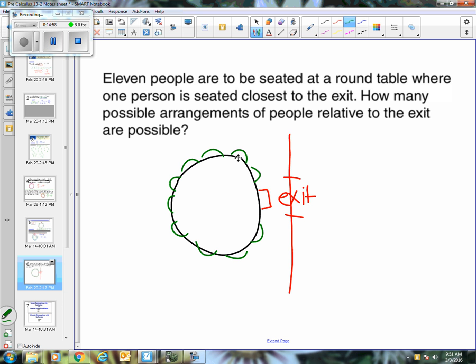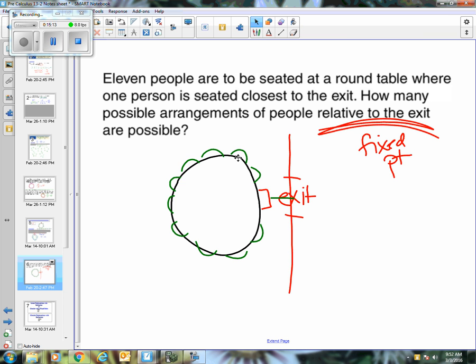So we have our chair that's closest to the exit, and then we have our other 10 people. So how many different ways can we do this? Well, again, relative to the exit is your key phrase to understand that there's something special about that location. I can start or stop my orderings from there.